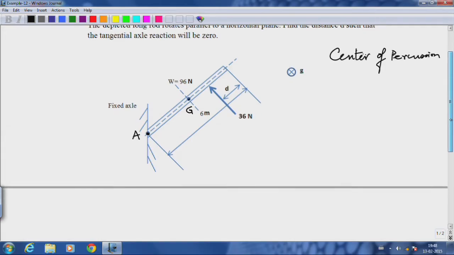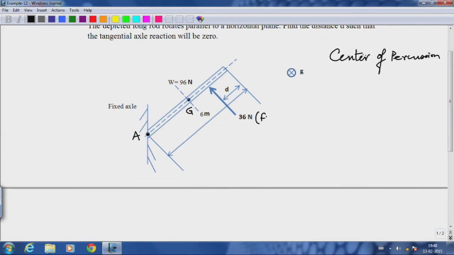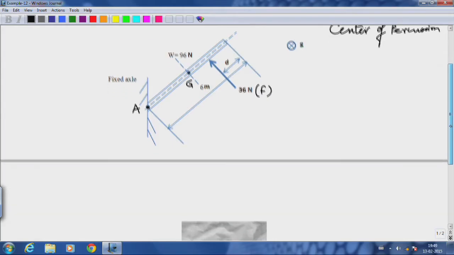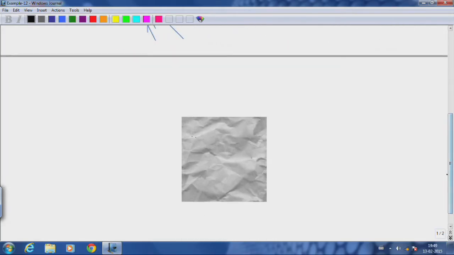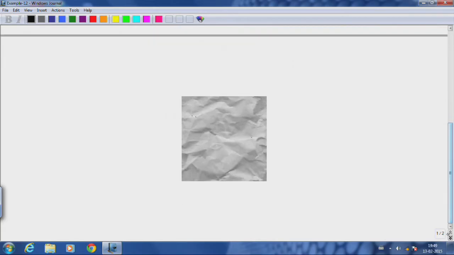So, let us see how to solve this problem. In order to be general to start with, I am going to replace the 36 Newton force with a symbol capital F, and we are going to try to solve this problem in terms of F and D. Okay. So, let us take that first.